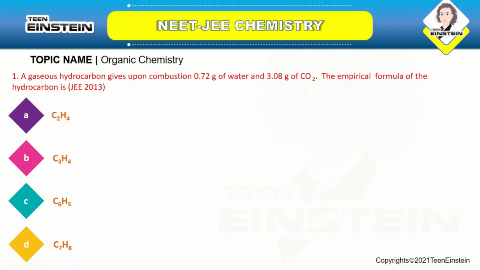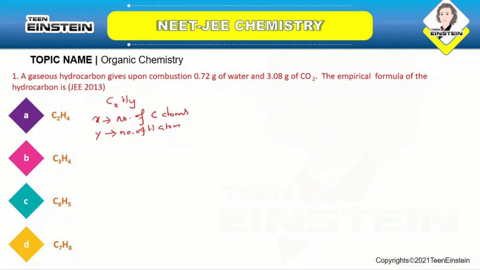So let us assume the empirical formula as CxHy. Here x is the number of carbon atoms, and y is the number of hydrogen atoms.